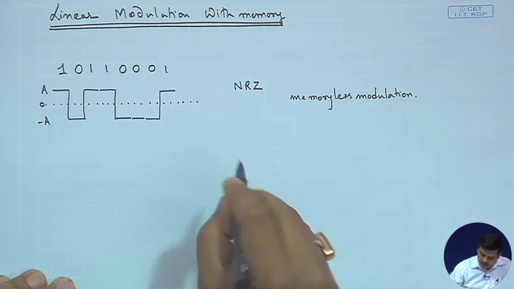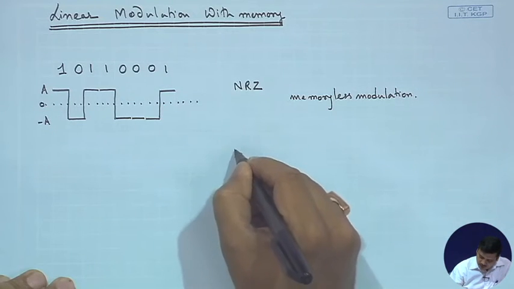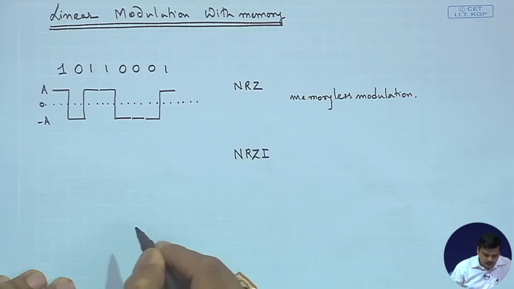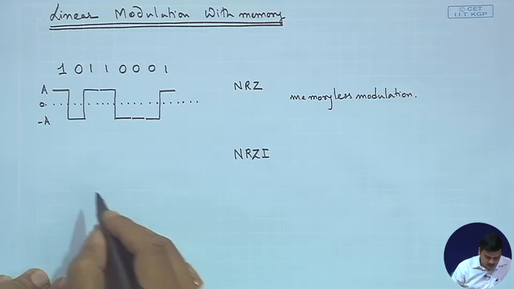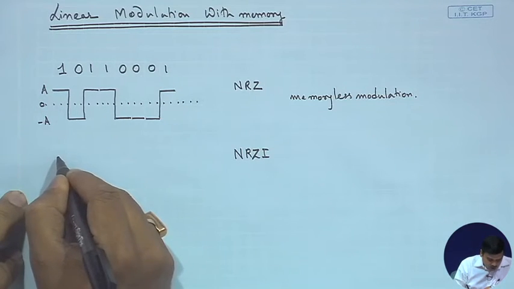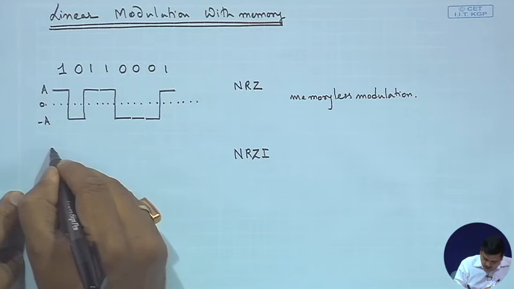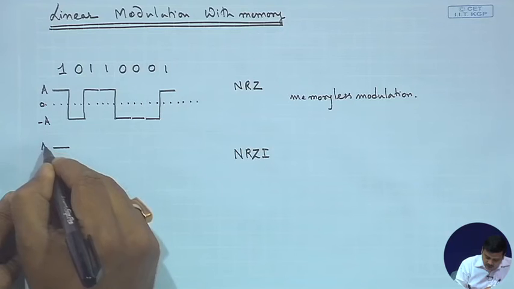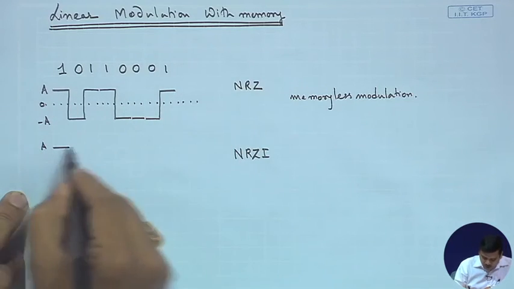Right. And then there is another modulation which is very interesting, which is NRZI, and we would see what it is. So, what it does is whenever there is a 1, there is a phase transition, and where there is a 0, there is no phase transition. So, suppose we begin with plus A for 1, suppose you are in this state.